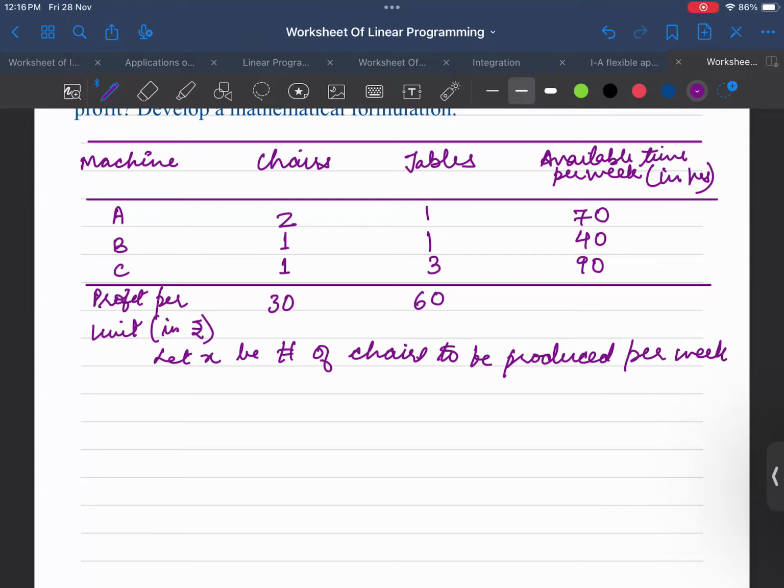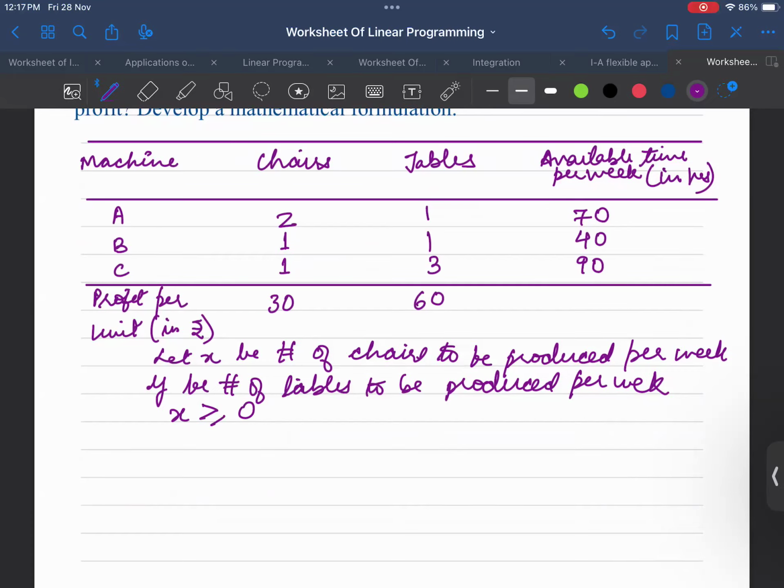I think it's clear. And let Y be the number of tables to be produced per week. And we should know X should be more than or equal to 0 as well as Y is more than or equal to 0. We all know it. So we can frame the equation.